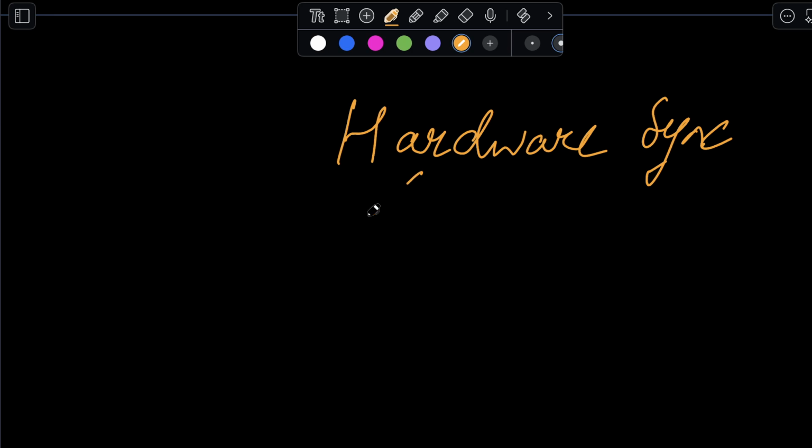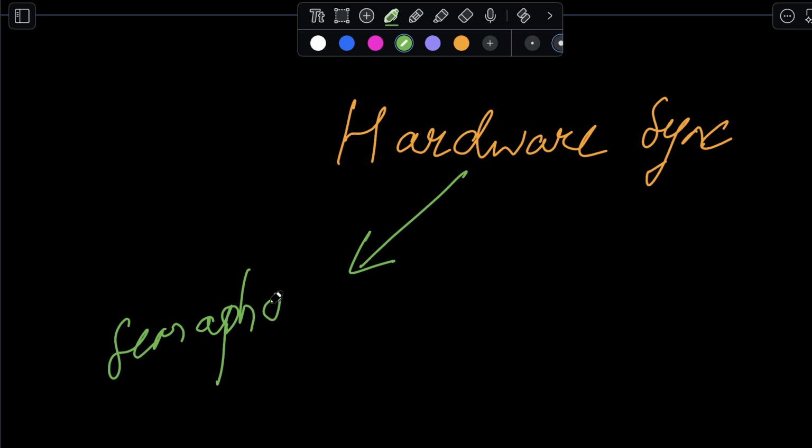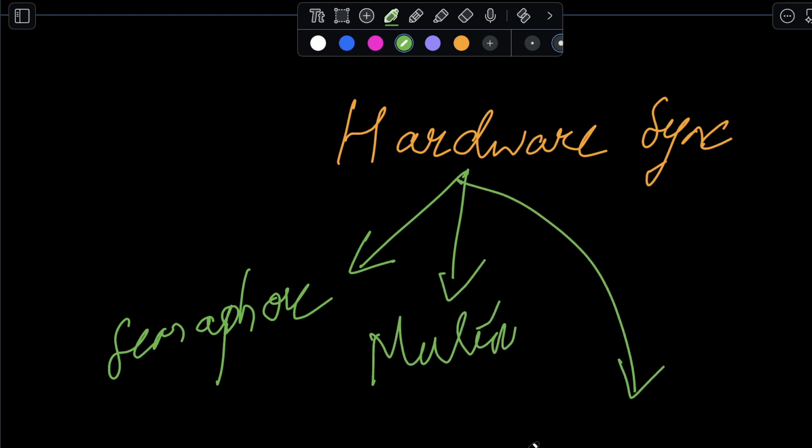One would be using semaphores. Another would be using mutexes. Then we also have something called spin locks, right? We'll see everything in detail and try to check what is happening.